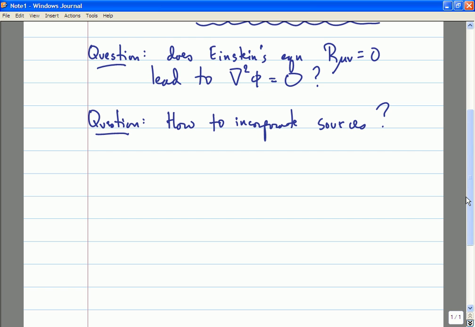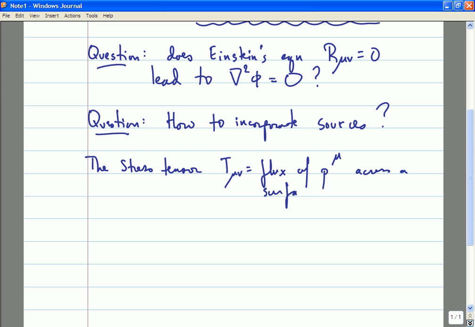And so we introduced the stress tensor, T mu nu, which is the flux of form momentum P mu across a surface of constant x nu.